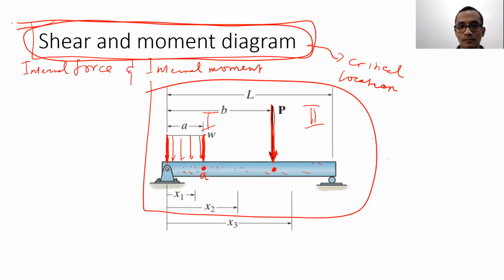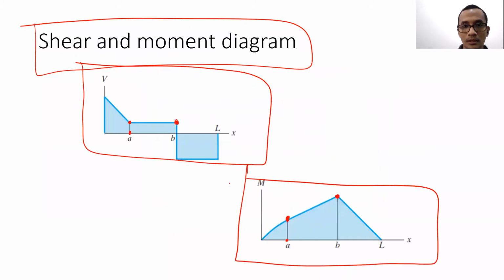So, for example, previously I taught you guys how to find out the shear force and the moment at a certain point C like this, by doing the section. C is in the middle between A and B, so it's around here.